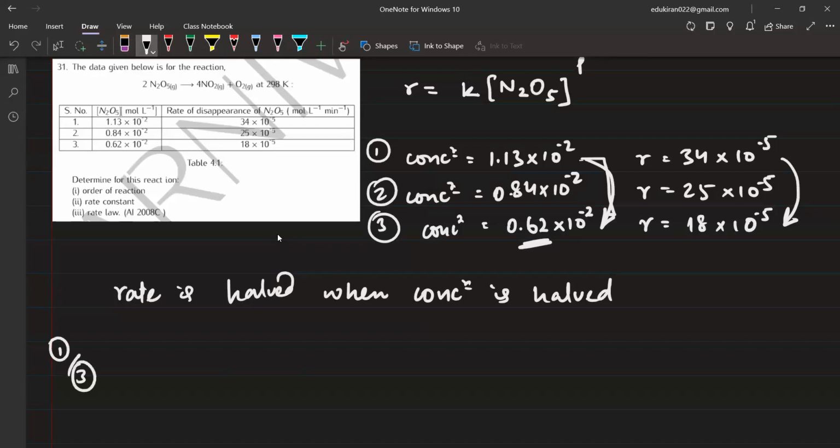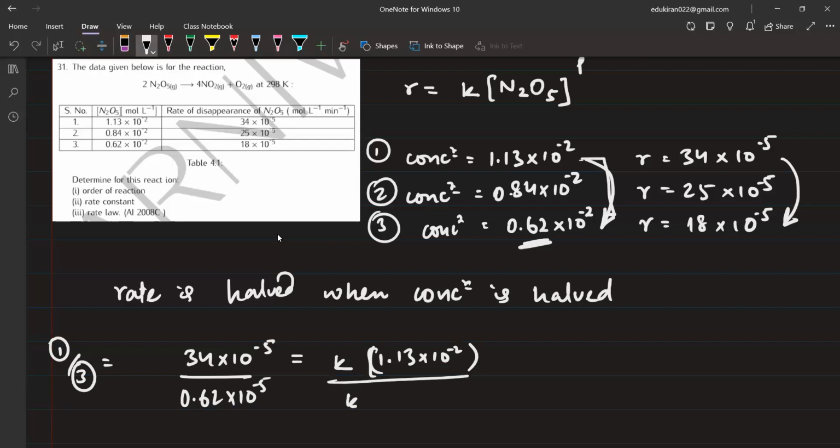Case 1 divided by 3. Rate is equal to 34 into 10 to the power minus 5. This is the rate. It is equal to K into the concentration of N2O5, that is 1.13 into 10 to the power minus 2. For the third one, it is 0.62 into 10 to the power minus 2, divided by K, and here you will have, sorry, my bad.